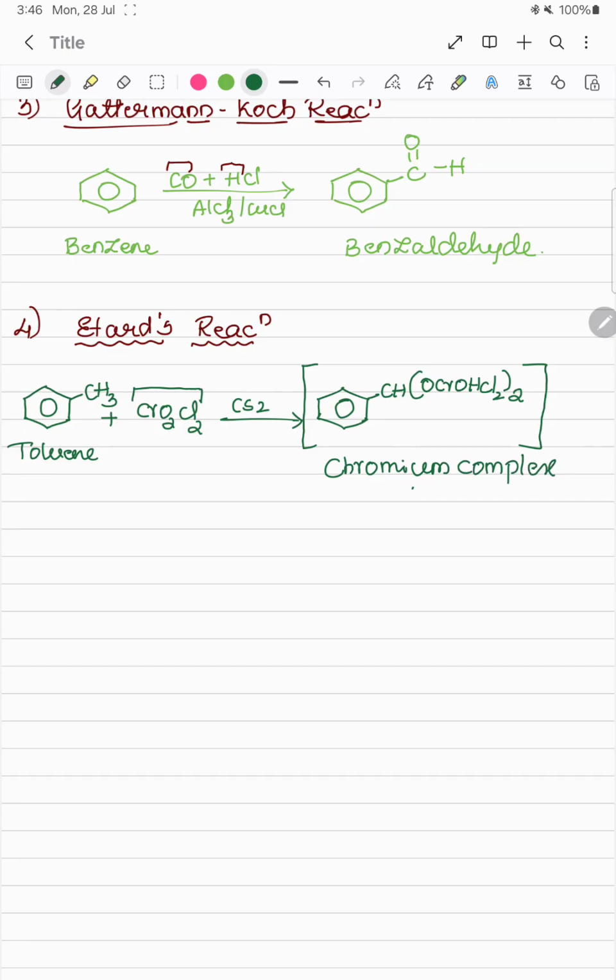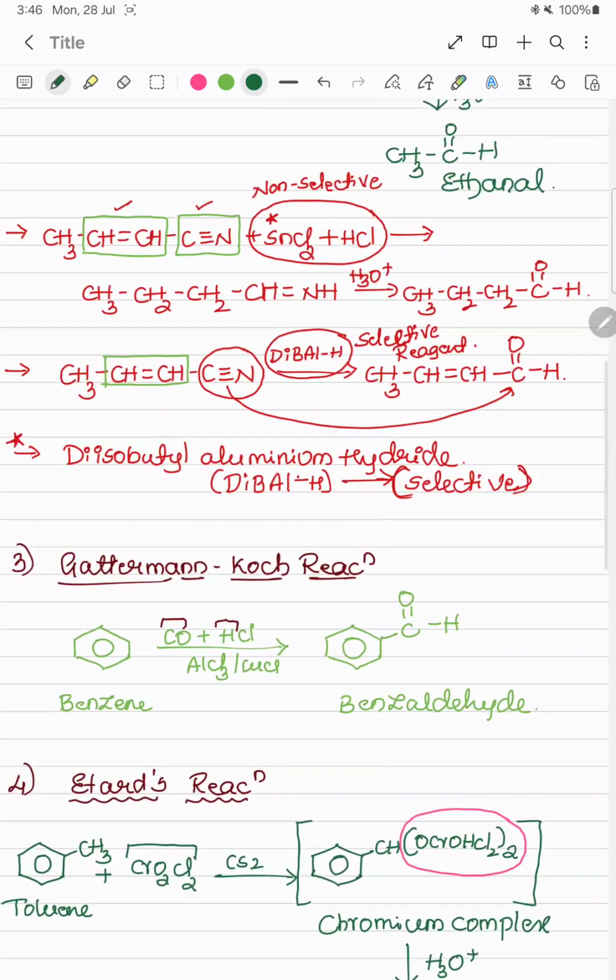So when this chromium complex is hydrolyzed with H3O+, this entire group is going to be removed. In place of this we are going to add oxygen. Oxidation reaction, right? That's why CH will become CHO. So benzene with CHO is also called benzaldehyde. So that's all about Etard's reaction.